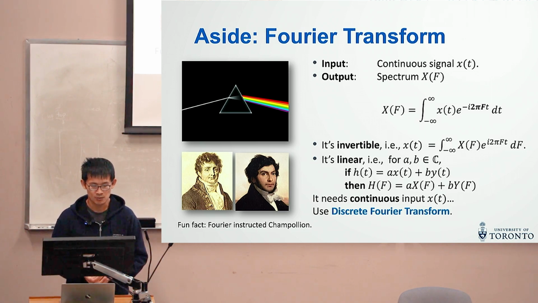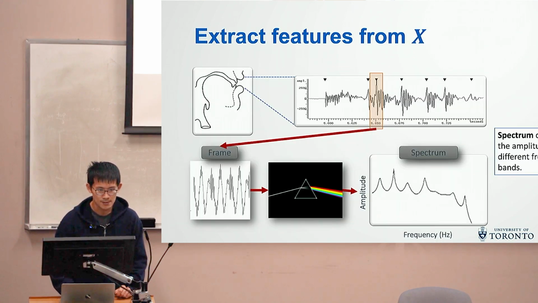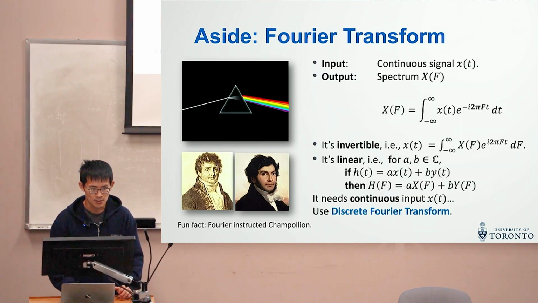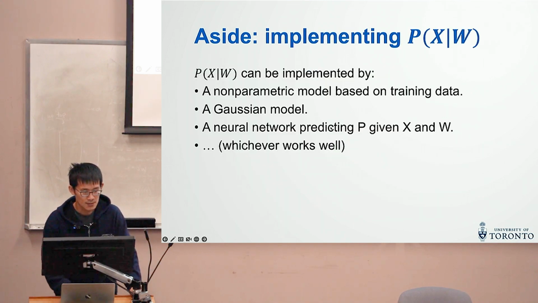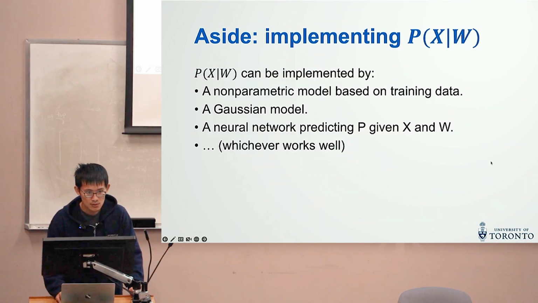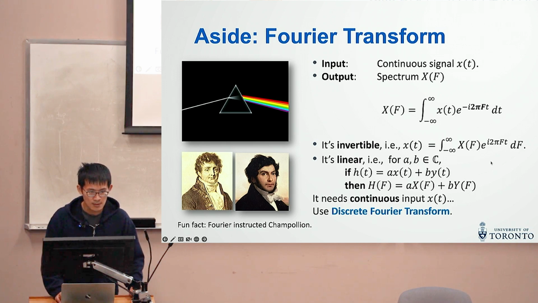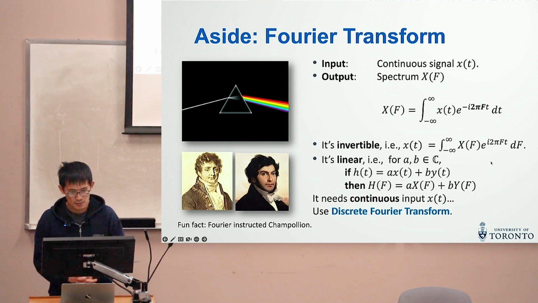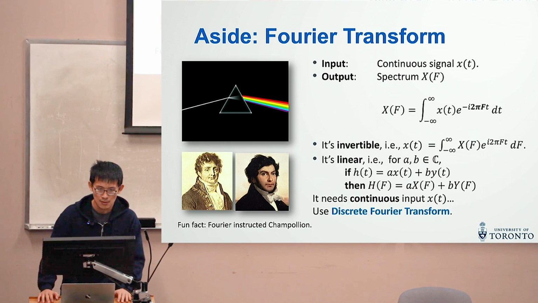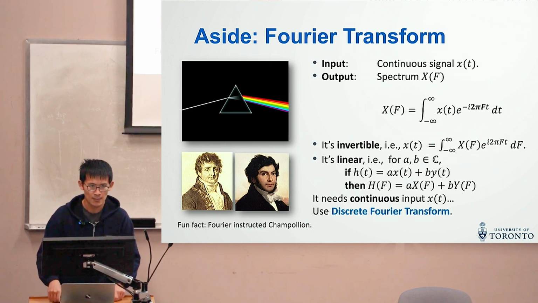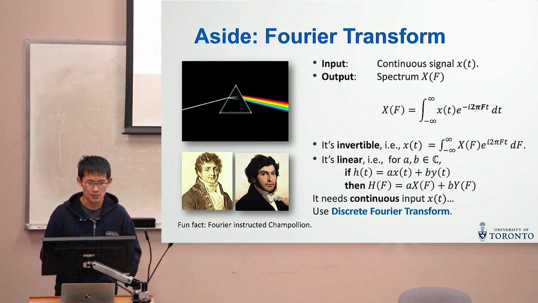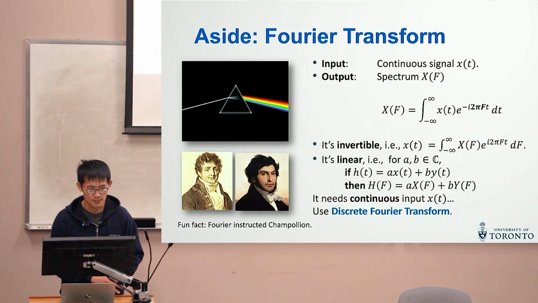And also because the time aspect is removed, people usually look at frames. So we only do the Fourier transform within a frame instead of the whole speech sample. In extracting the features, the features describe the oscillation energy at the corresponding frequencies.